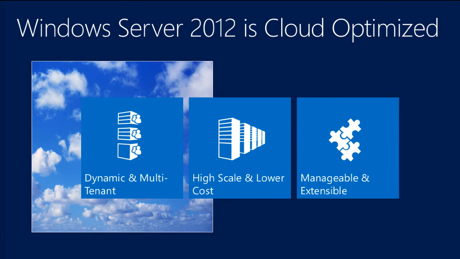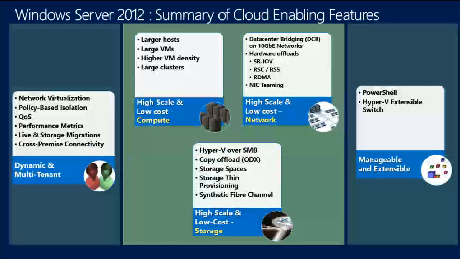The second thing is a cloud obviously is something that has to run at scale, and we invested a lot in enabling Windows Server to become a very high scale at low cost platform so that you can build your cloud to be cost effective. Last thing, if you are building a cloud, everything needs to be manageable, automatable, and also extensible to allow for additional scenarios to come in through partners, and we invested in making the platform exactly that.